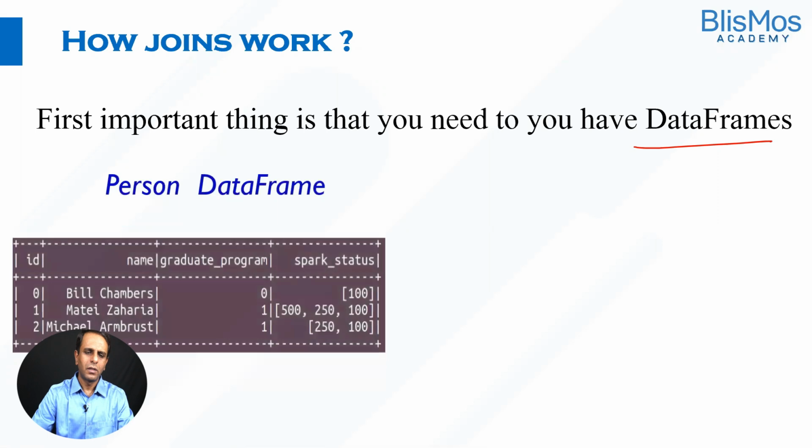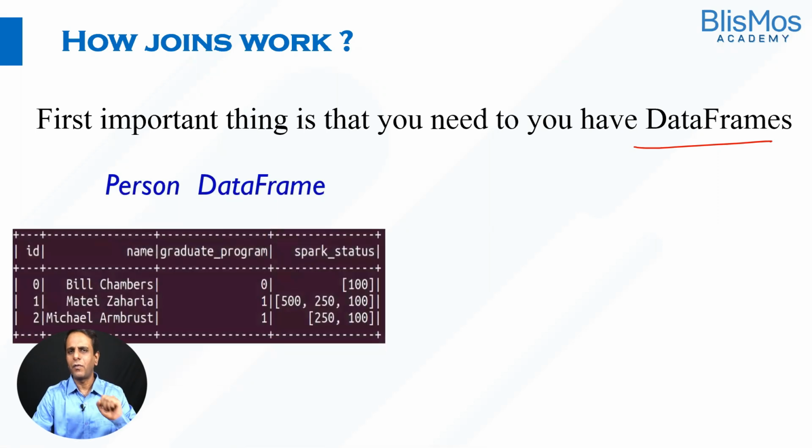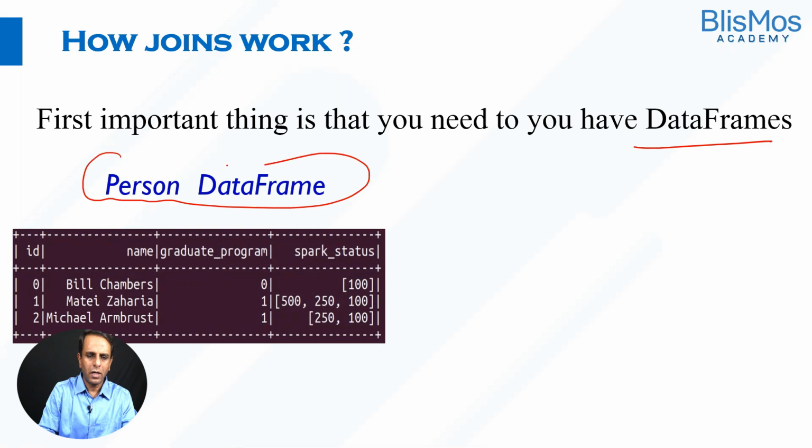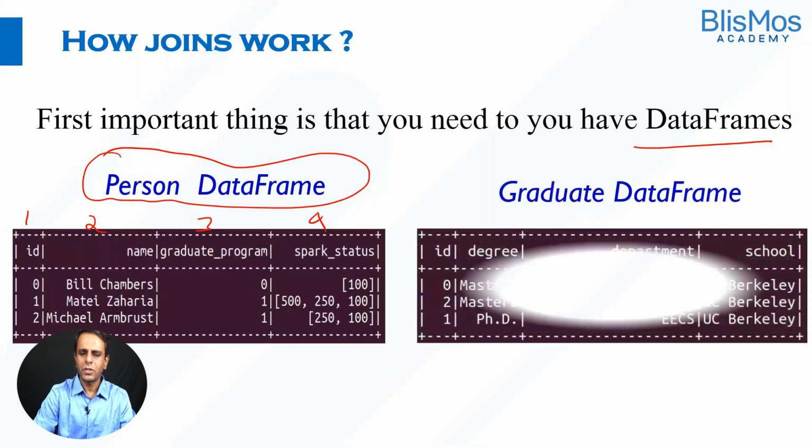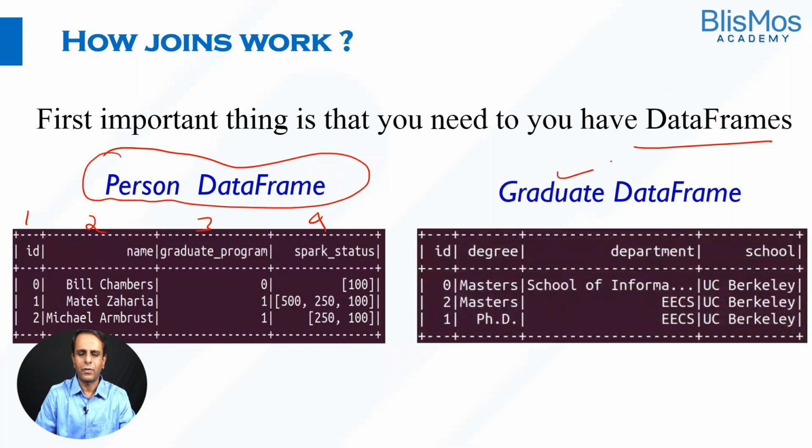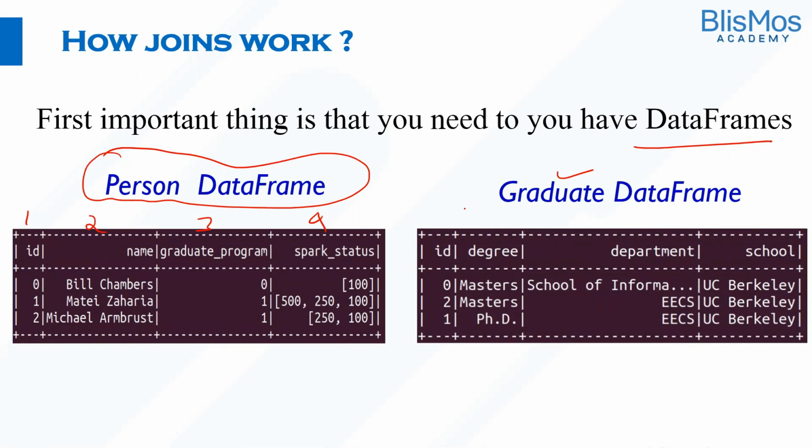In this case, we are taking a couple of data frames. One is the person data frame, which has 4 columns, and we have another data frame called the graduate data frame, which also has around 4 columns: ID, degree, department, school.